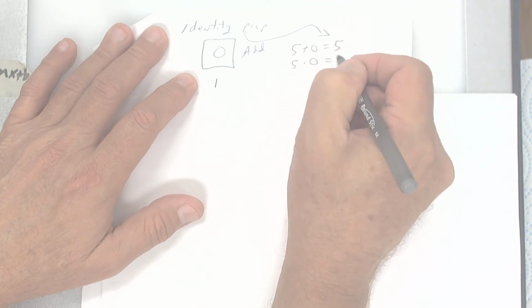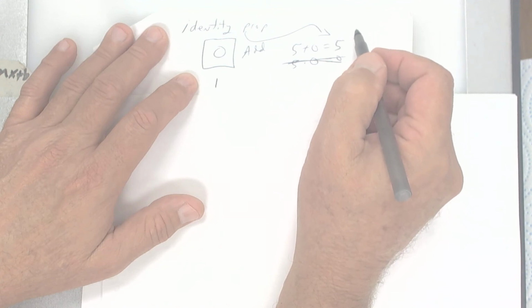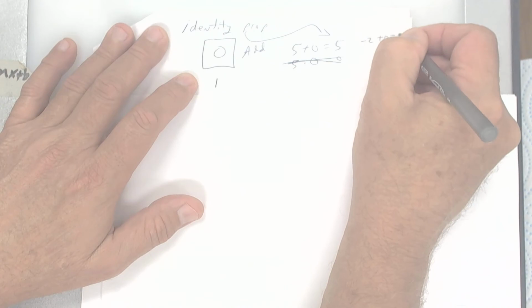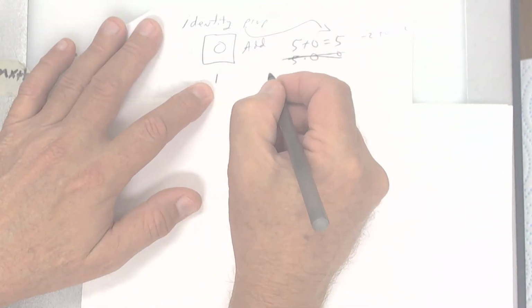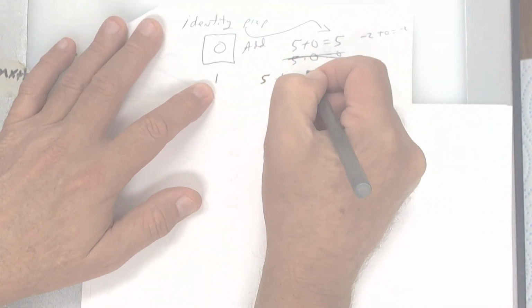See, that gives you 0. That changes. So identity property of addition or subtraction, like negative 2 plus 0, it's still going to be a negative 2. Okay, so that's the identity property of addition. And multiplication is 1, like 5 times 1 is still going to be 5. So it's still an identity.